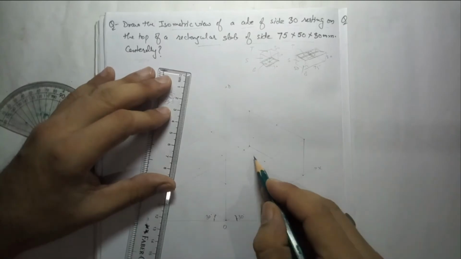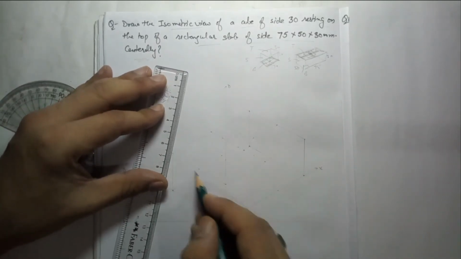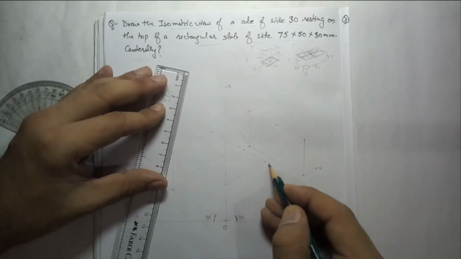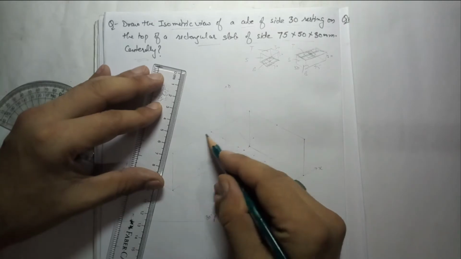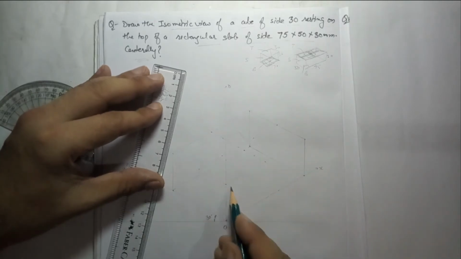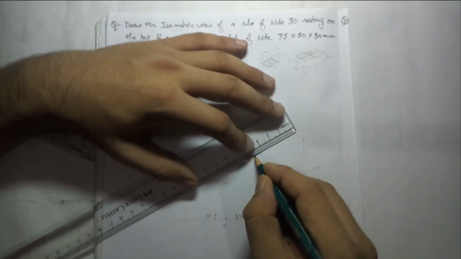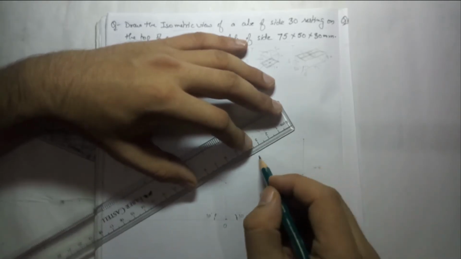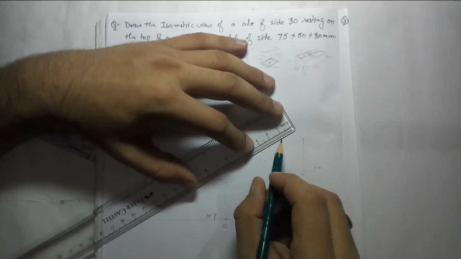Right, now from these four points, parallel to the edges of the rectangle, from this point parallel to this edge, from this point parallel to this edge, from this point parallel to this edge, from this point parallel to this edge, we will draw the sides, and automatically the sides of the cube will come. So I can draw any random length.